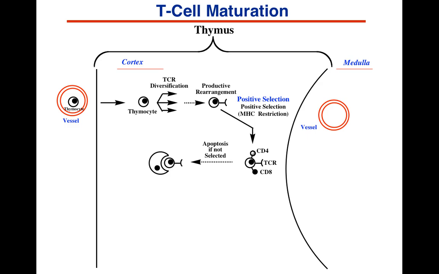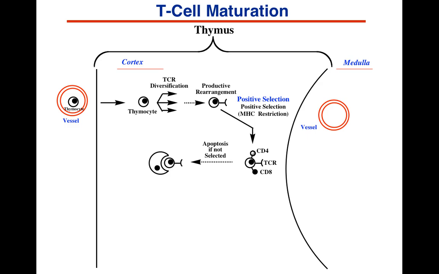They're not for antigen processing, but they express them on their surface, and the T cells will interact with them. Those that don't bind very well, or don't bind tightly enough within whatever that restricted window is, will undergo apoptosis and be eliminated.